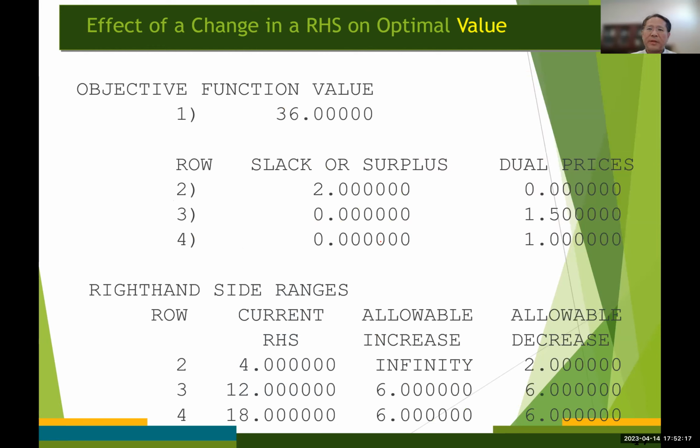Now, what if the B3 is increased by 9 units, which goes beyond the allowable increase limit? Can we still say that the objective function value is improved by 9 times this much?